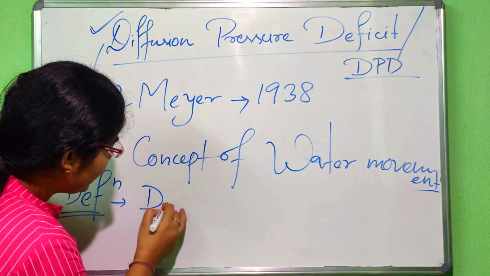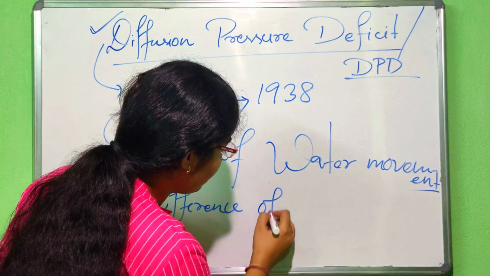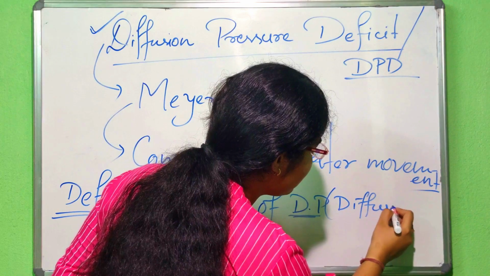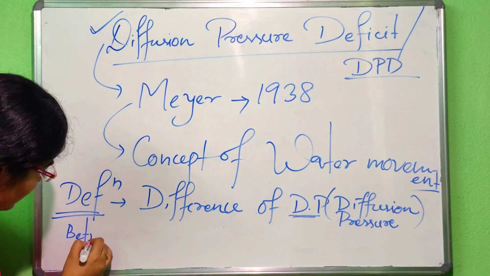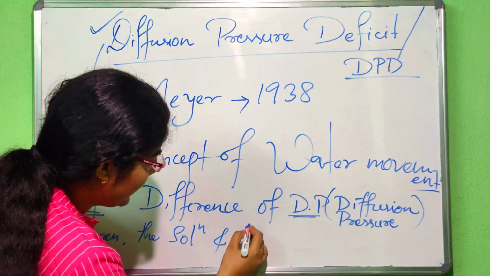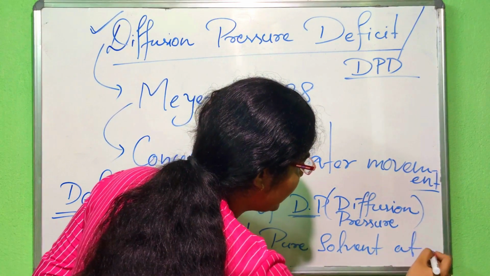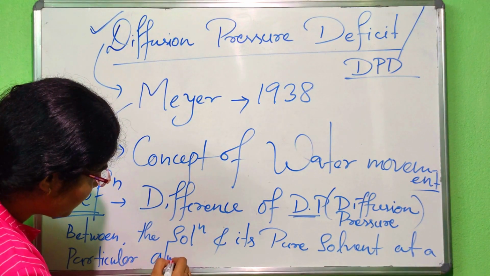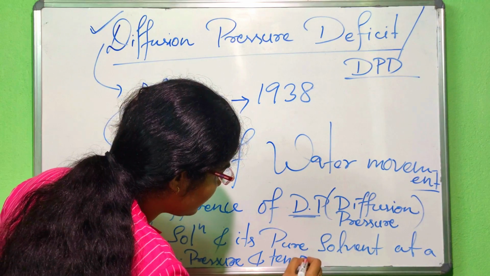It is nothing but the difference of diffusion pressure, which I write as DP, between the solution and its pure solvent at a particular atmospheric pressure and temperature.